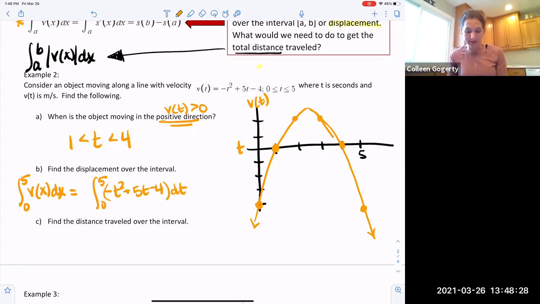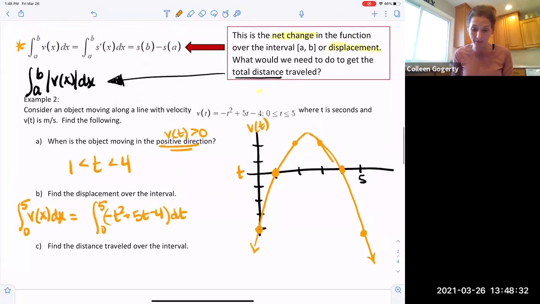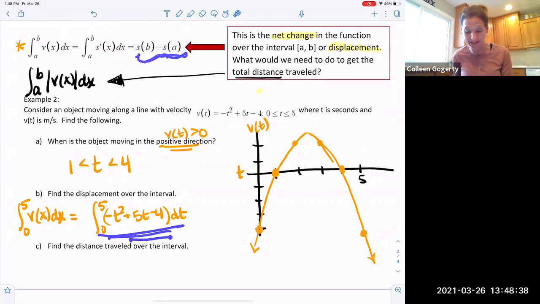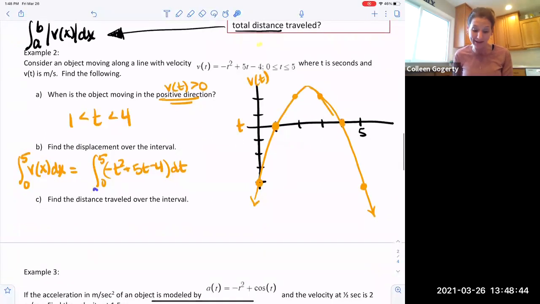So let's integrate it. I don't know these values, so the only way I can find the net change is to actually integrate this. I can't say it equals s sub 5 minus s sub 0 at the moment, not until I actually do this work.